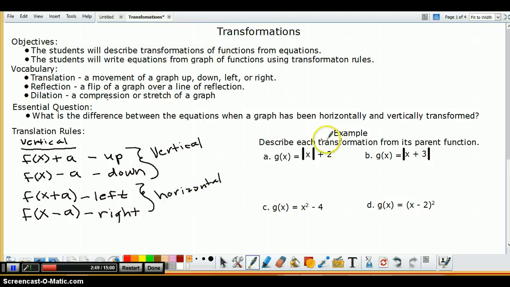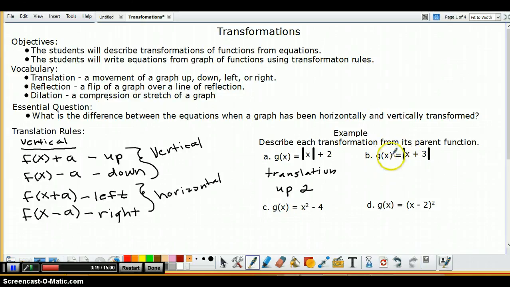Okay, so describe each transformation from its parent function. We talked about parent functions yesterday. We have that flip chart that we made together. So if we look at this one, g of x equals the absolute value of x plus 2. This plus 2 is outside, so that is a translation up 2.